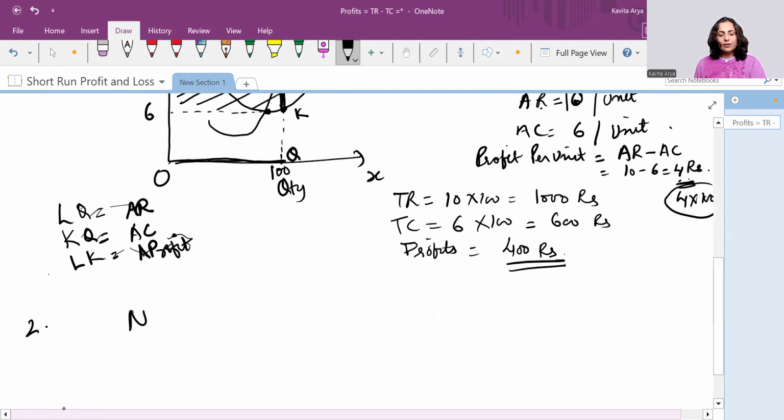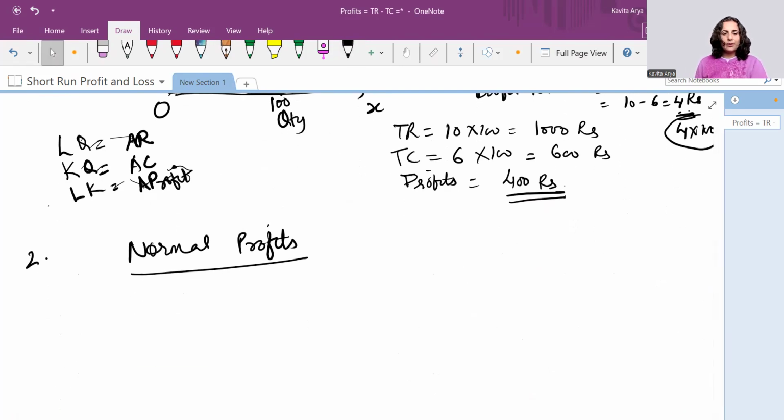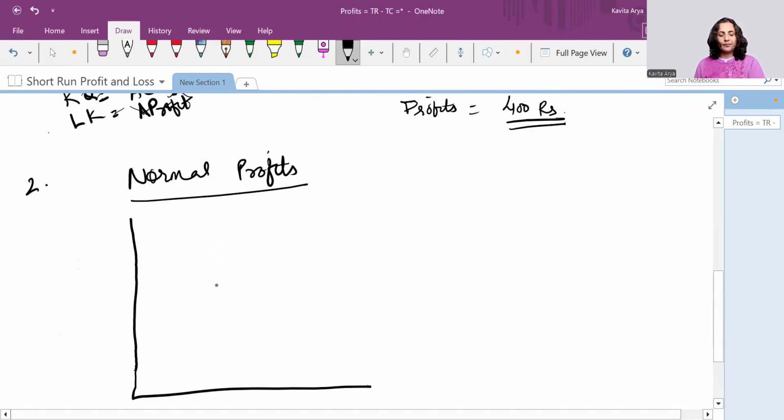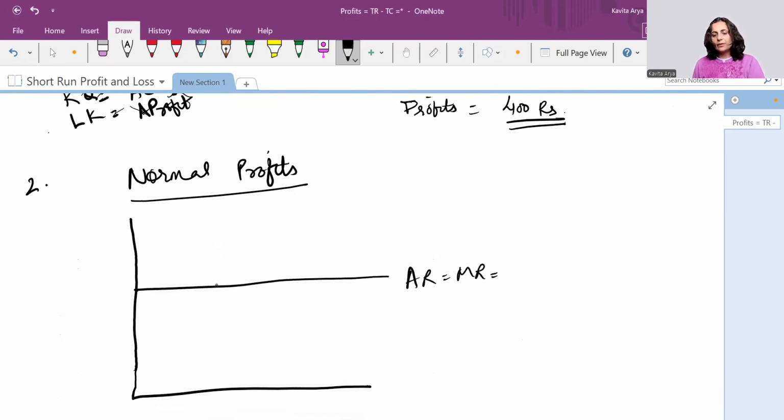Second case is normal profits. And for normal profits, you would find it very easy. On a very similar note, we have, so this becomes AR is equal to MR is equal to P is equal to D, right?